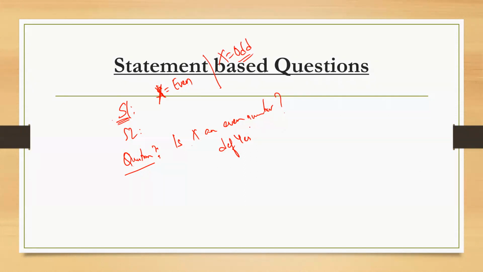It definitely still answers your question, because for the question Is X an even number, you are able to give a definite no. Yes, X is odd, so a definite no. That means you are still able to answer your question from S1. So keep this aspect in mind. If you're not getting a definite answer, then that statement does not answer your question. I hope this logic is clear to you, everyone.